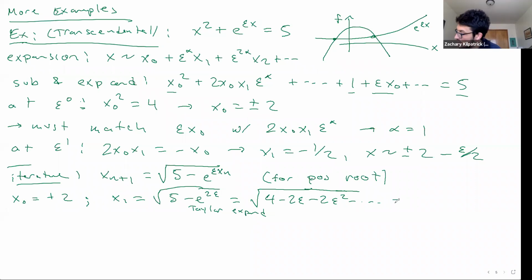And if I then further Taylor expand my square root, using the binomial series, I get 2 minus a quarter of (2 epsilon plus 2 epsilon squared). There are other terms in there, but they're of higher order. Because I only want to add on maybe one additional order of term each time, let's just say the next term is going to be just 2 minus epsilon over 2, and then I'll drop the other terms when I iterate.